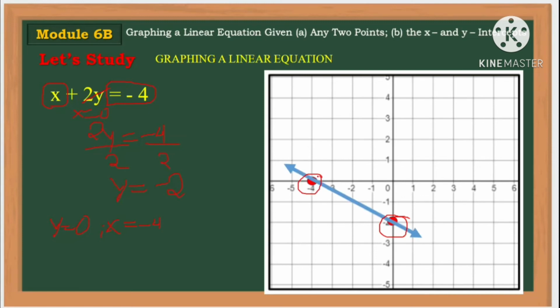There. This is the graph of x plus 2y is equal to negative 4. Okay? So, understood? Graphing is easy, as long as you understand it well.